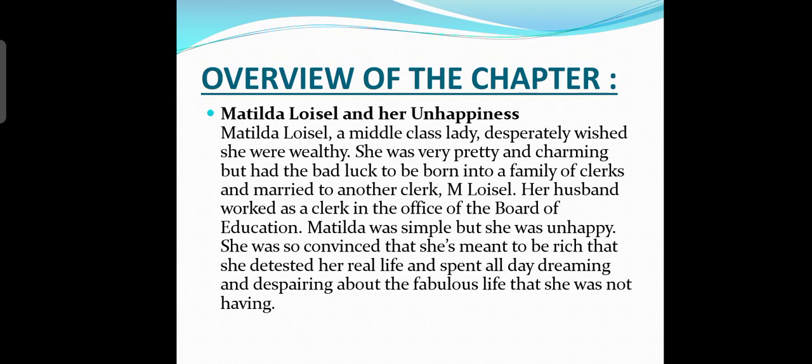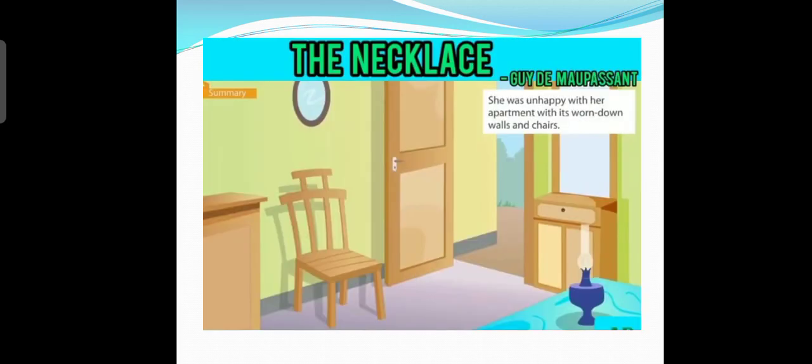She was so convinced that she was meant to be rich that she detested her real life and spent all day dreaming and despairing about the fabulous life that she was not having. She always wants to be something that she is not. She always wants to get something that she has not. So that was the cause of her unhappiness.